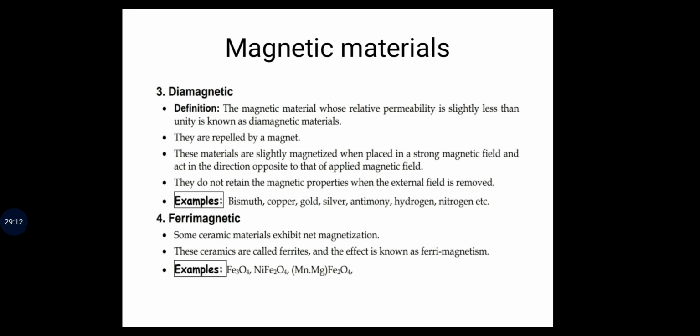So what is the definition of diamagnetic materials? The magnetic materials whose relative permeability is slightly less than unity are known as diamagnetic materials.